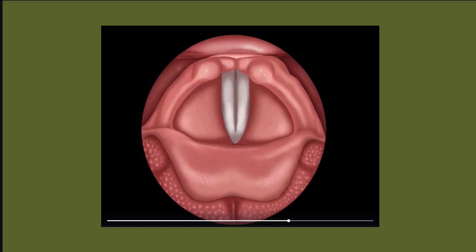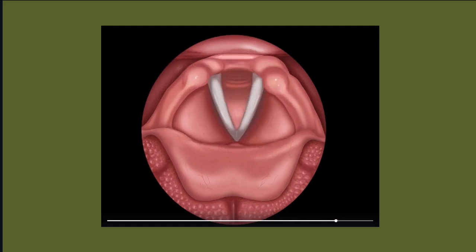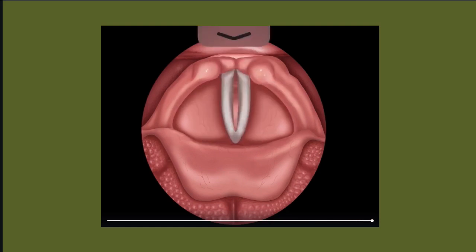When plucked, or in this case vibrated by air, they create sound. So the tightness and position of these cords control the pitch of your voice. Tightening the cords makes them vibrate faster, creating a higher pitch, while loosening them makes them vibrate slower, resulting in a lower pitch.